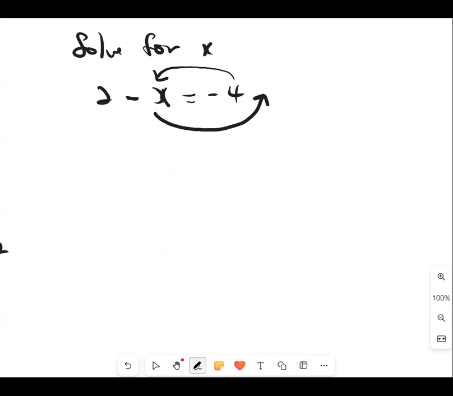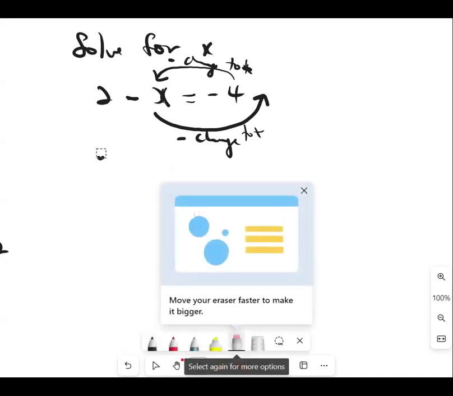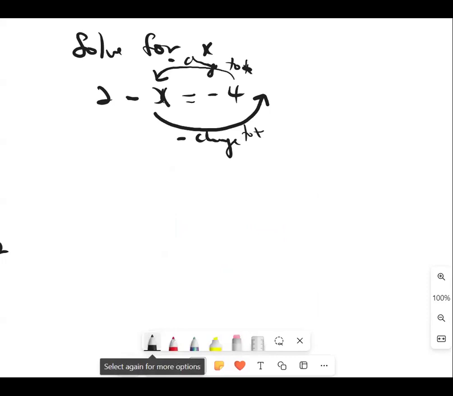So this minus will change to plus, and down here, minus changes to plus as well, right? Plus. So you end up with 2 plus 4 equal to x. So x equals 6.